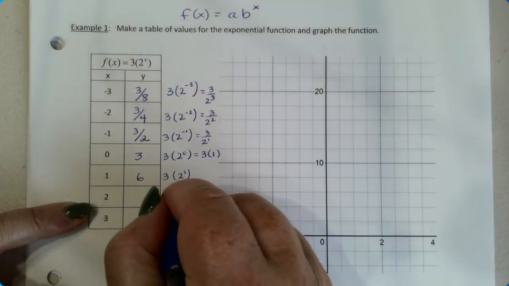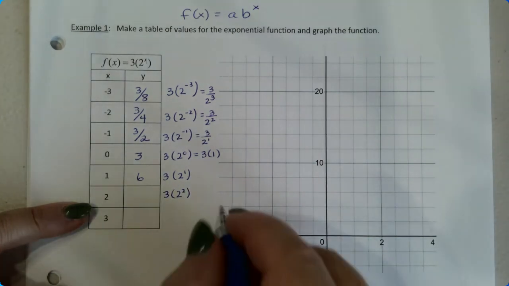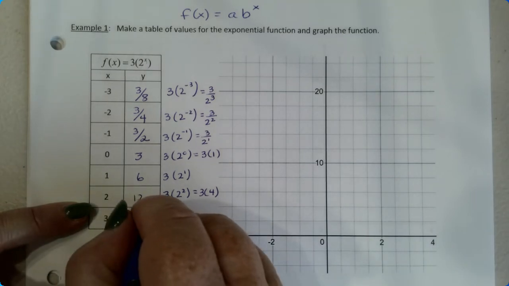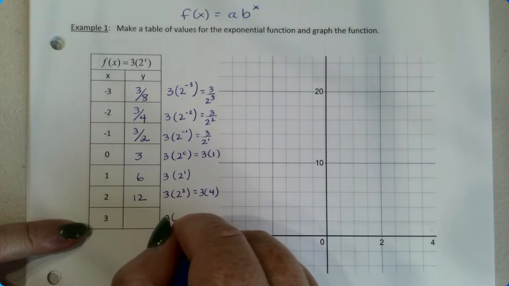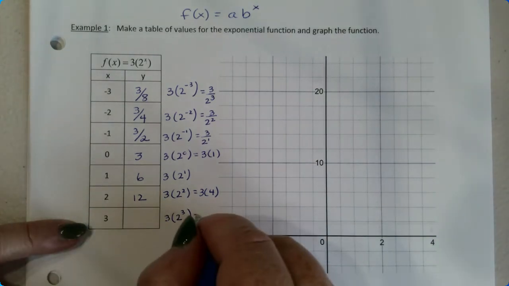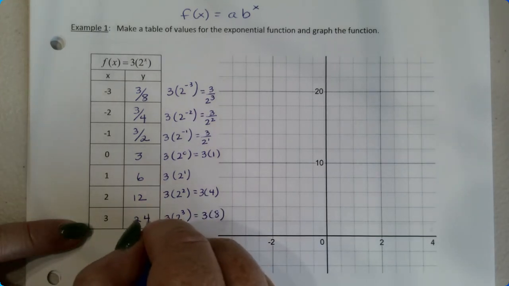Plugging in x equals 2. 3 times 2 squared would be 3 times 4, so 12 here. And then finally, I want to plug in x equals 3. 3 times 2 to the 3rd. That's actually 3 times 8. So that one's 24.